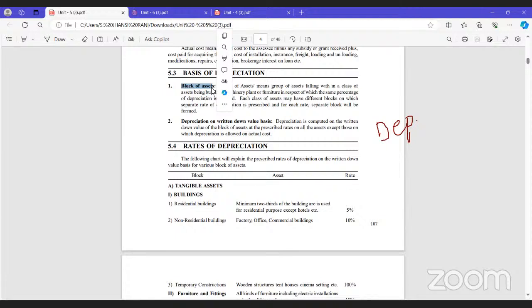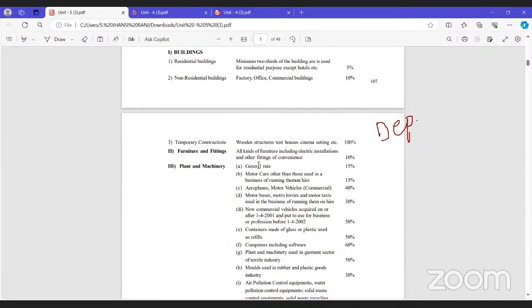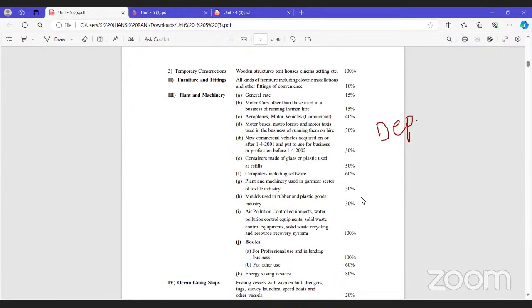Each rate of that asset group, we call it a block of assets. These are the different rates of depreciation given. Whatever the business person may follow as per his own interest, whenever he pays tax to the income tax department, these rates only will be taken into consideration.